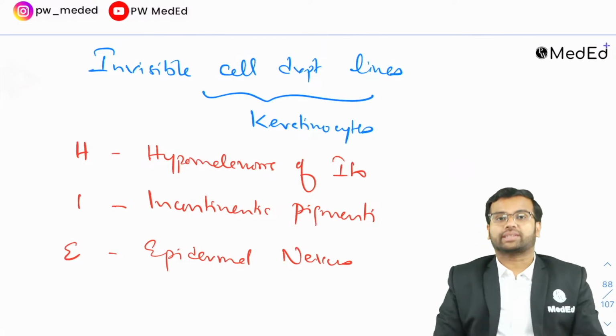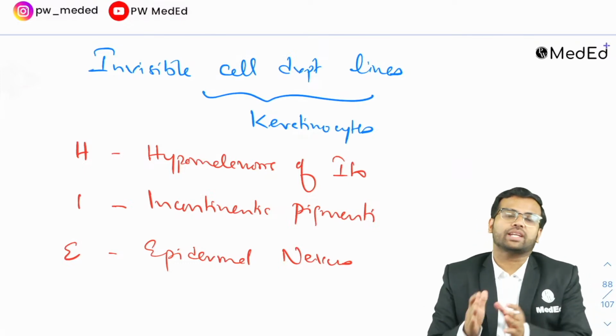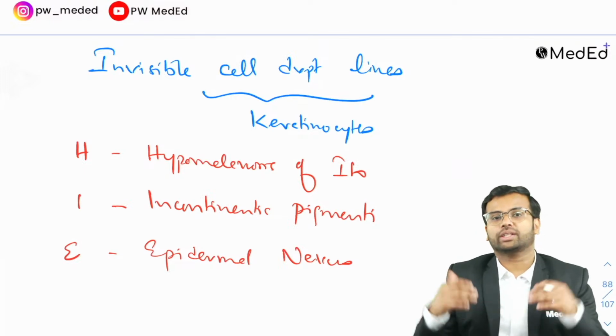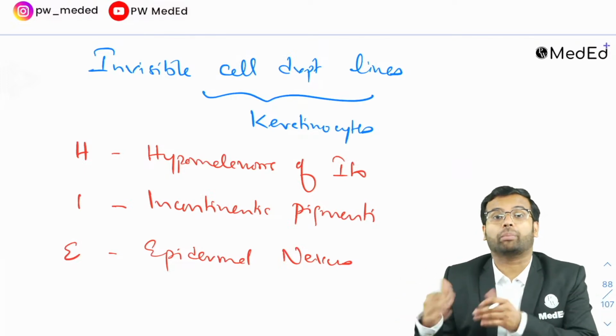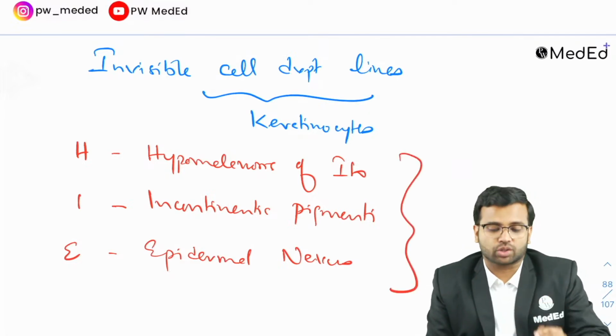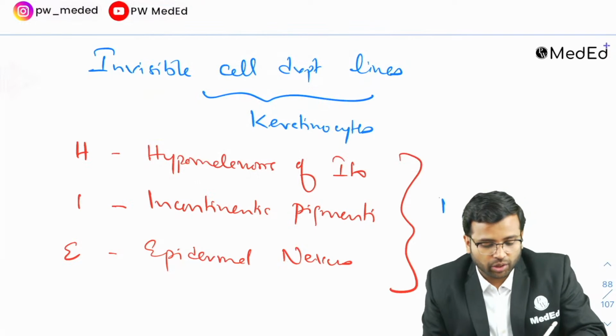So in all these things like epidermal nevus, incontinentia pigmenti, or hypomelanosis of Ito, the skin lesions are going to follow the Blaschko's lines. And please remember that in all these conditions also the lesions do not cross midline.